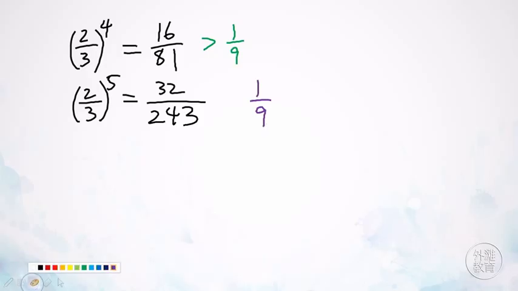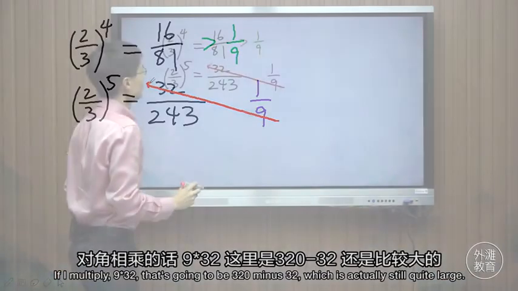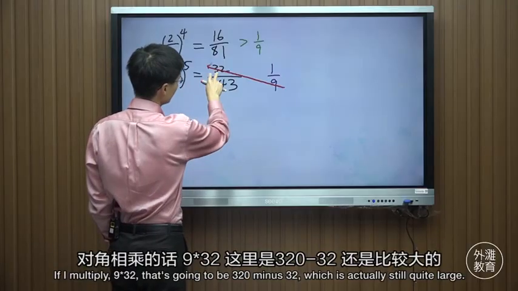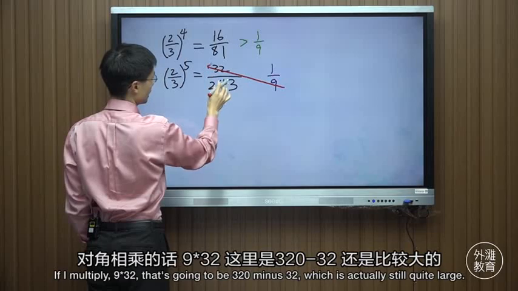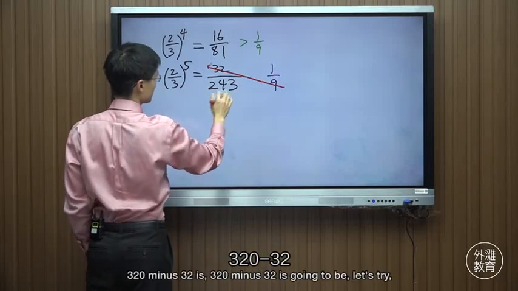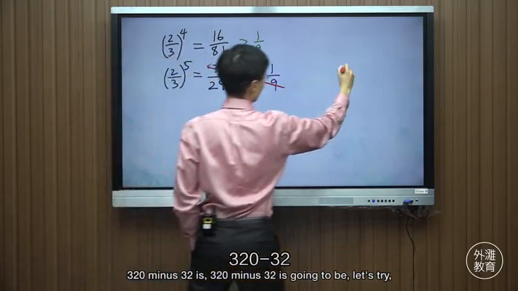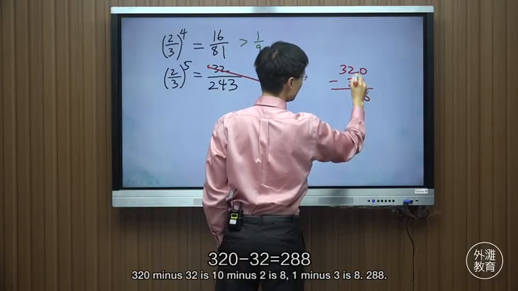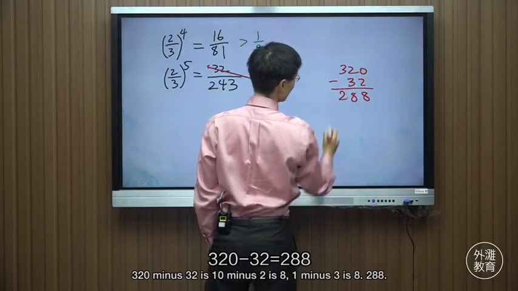Let's try. If I multiply 9 times 32, that's going to be 320 minus 32, which is 288.